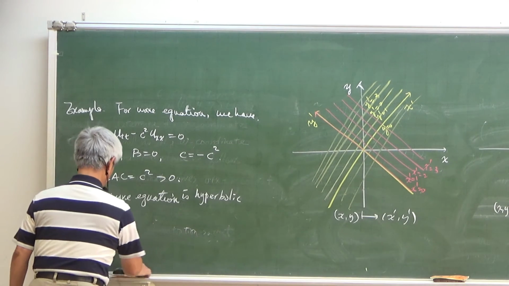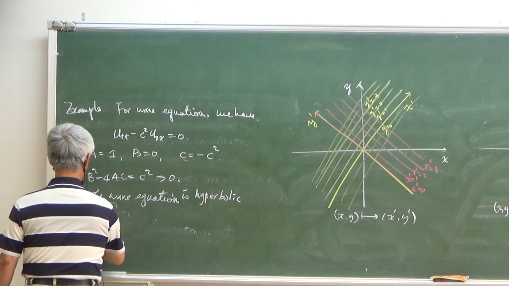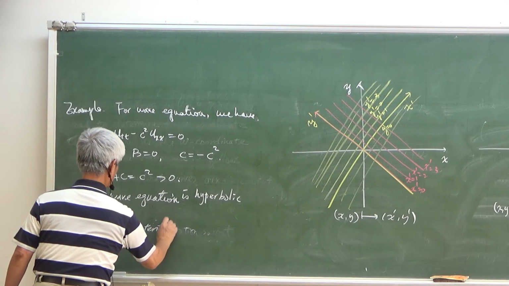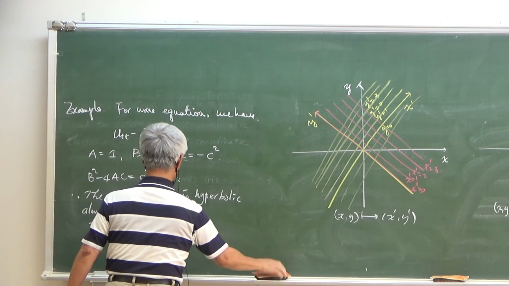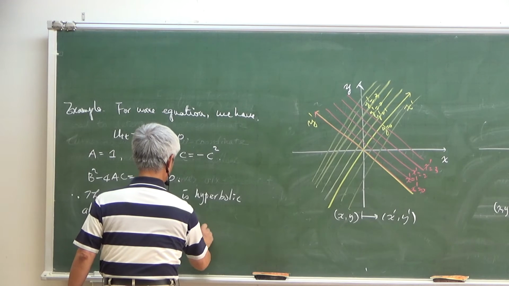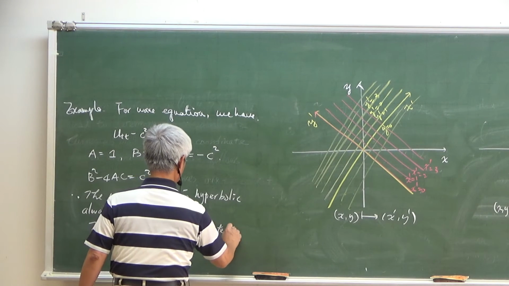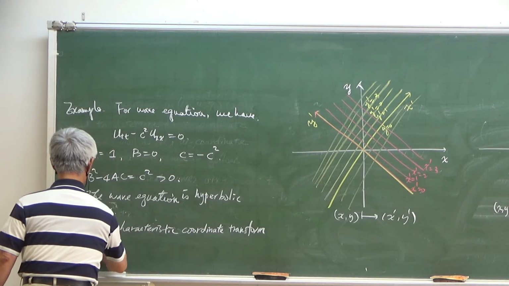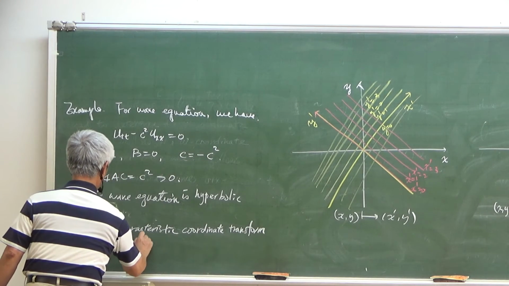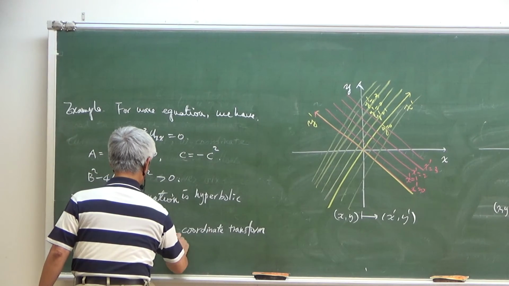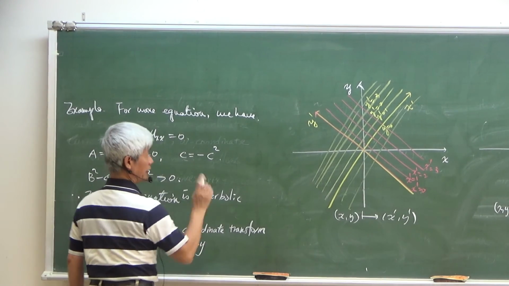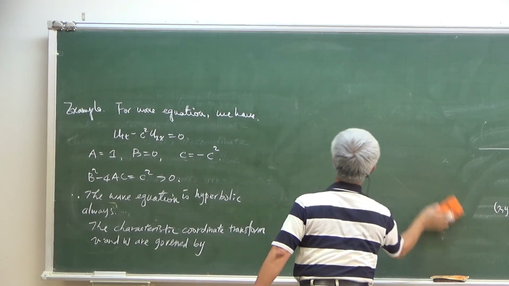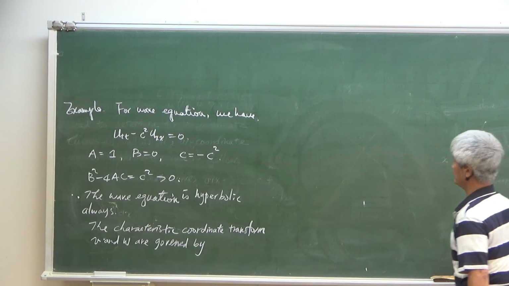And for the characteristic coordinate transform, v and w are governed by two ODEs, right?